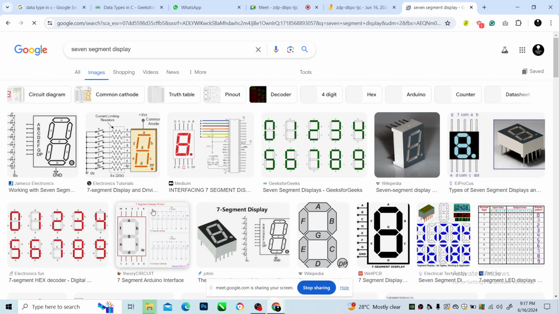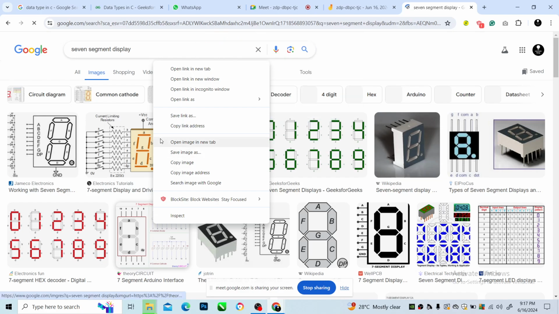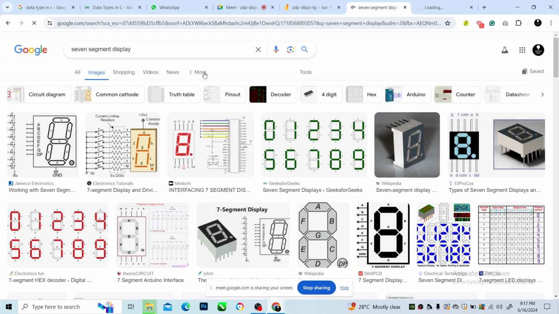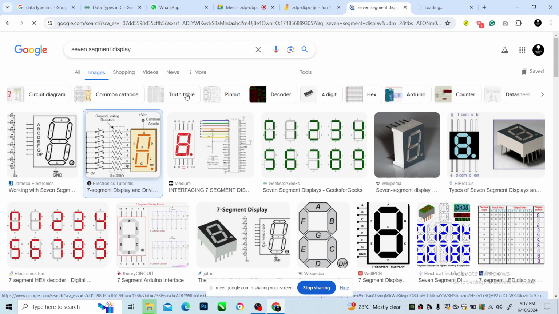So, common negative means that all the negatives of those LEDs are joined. The way you need to see it is that all these LEDs are individual; they are not internally connected the way you are seeing it here. So it's possible to imagine them as seven LEDs connected like that to form this, but in our case, those that have decimal points will be eight LEDs. The negatives of all these LEDs are connected together.